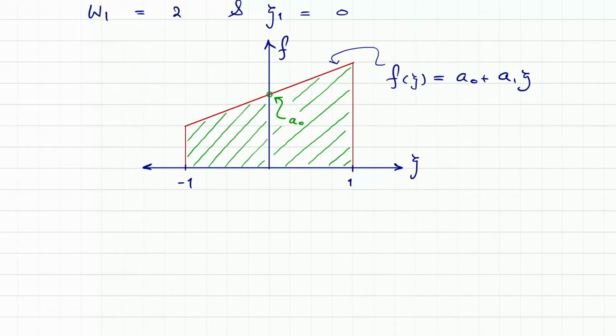This in here is equal to the integral from -1 to 1 of a naught plus a1 c dc, the area.